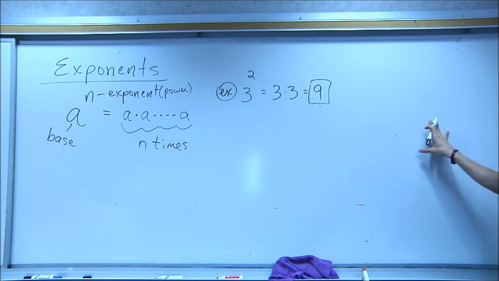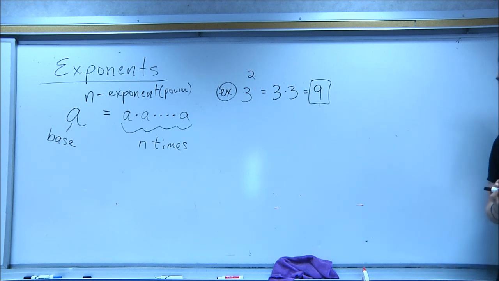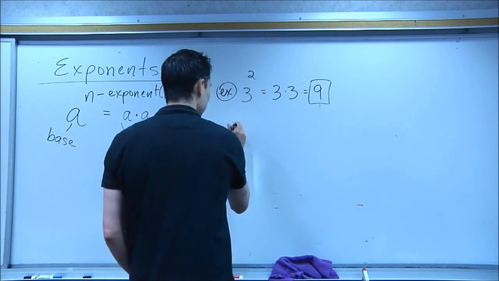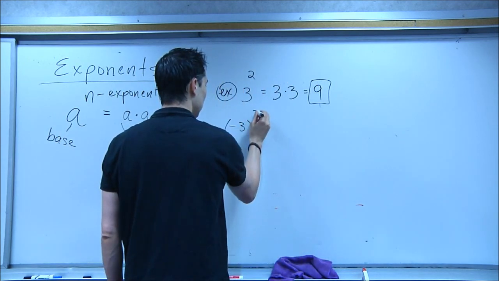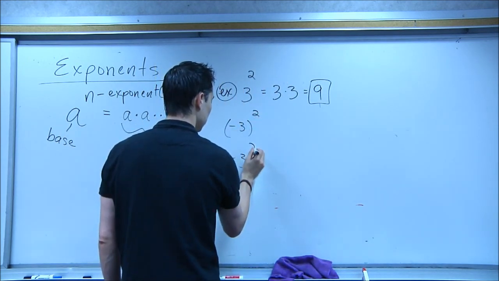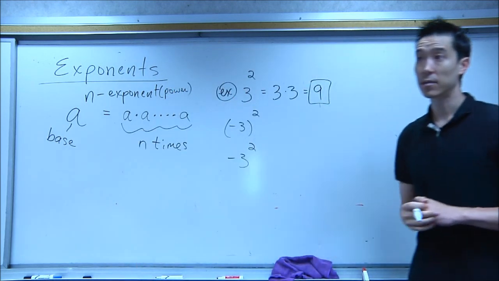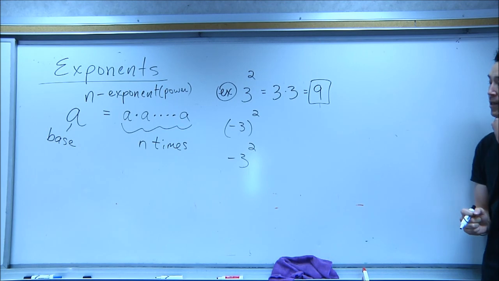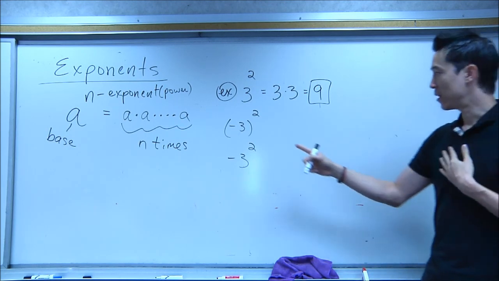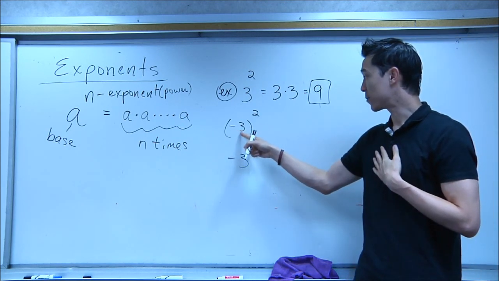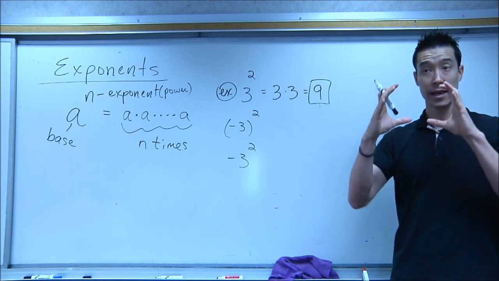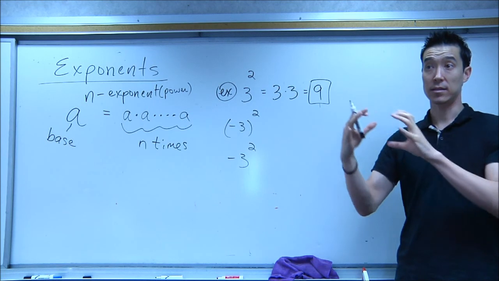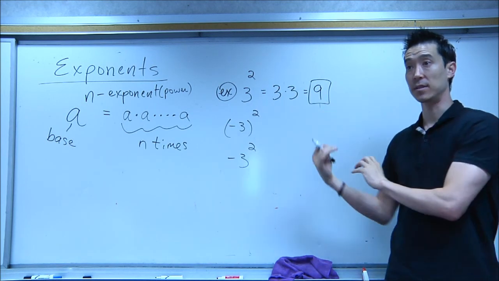Now, one thing that comes up a lot and is a mistake often made, so let's get it out of the way right now, is the difference between this and this. Okay? So let's talk about this. If you have a negative number, in this case, in parentheses, and that whole parentheses is being raised to that second power, then everything inside of that parentheses is going to get written out, however many times the exponent says.